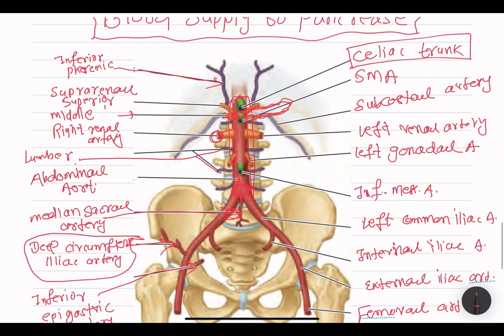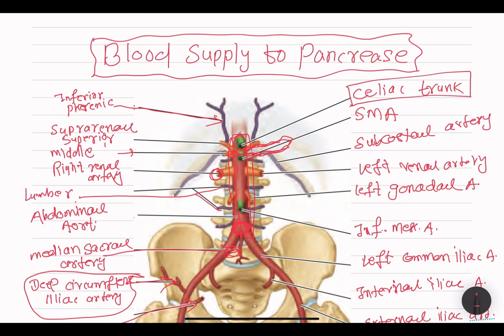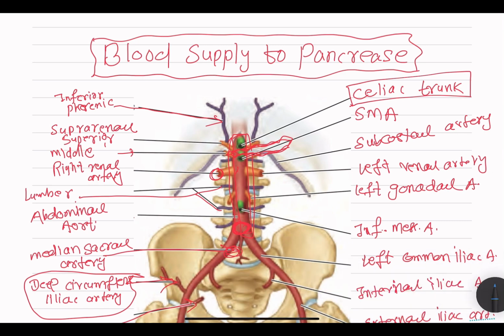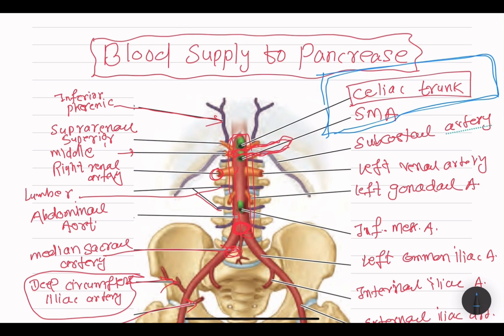The reason I drew this picture and the labels is that we have to focus mainly on this part. Our main focus will be here. First we know this artery comes mainly from the aorta.